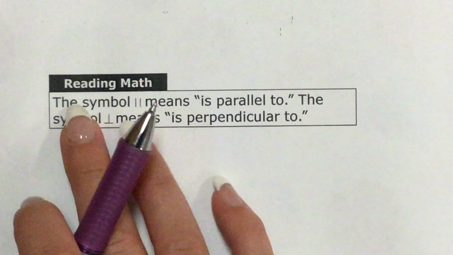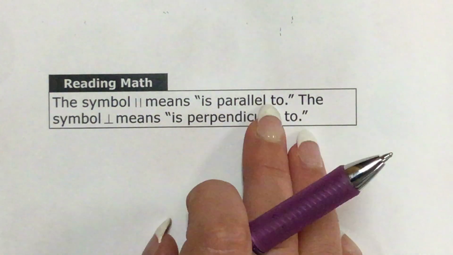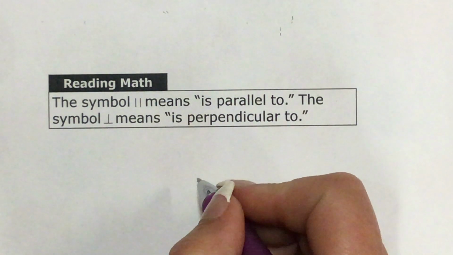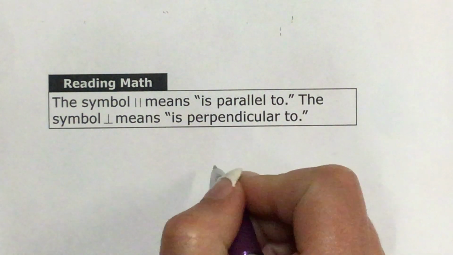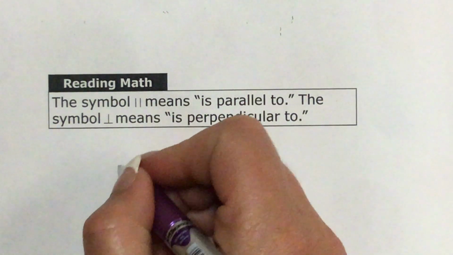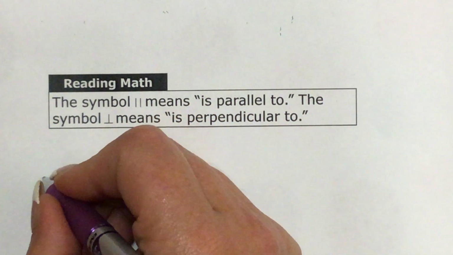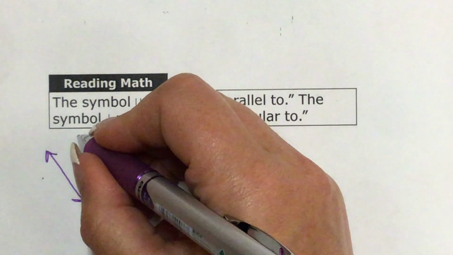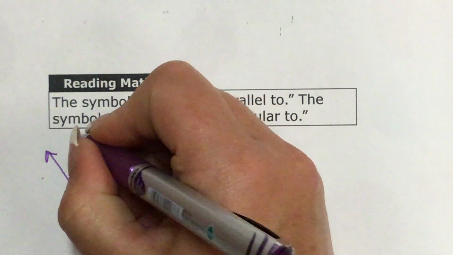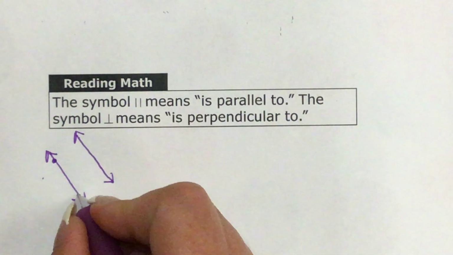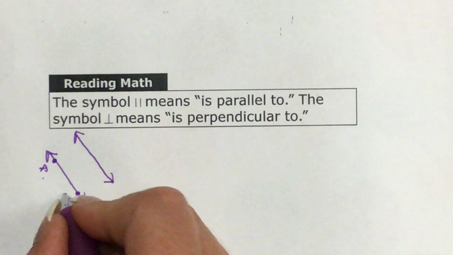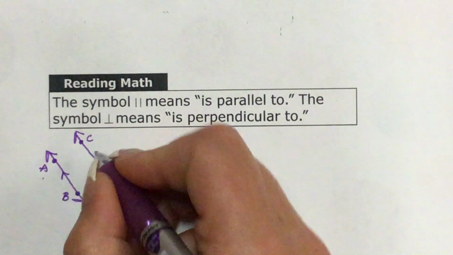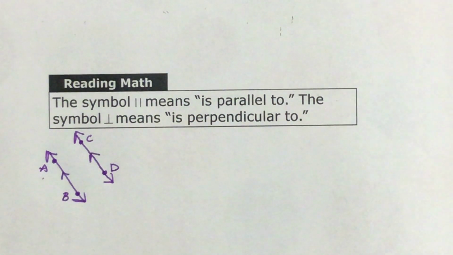Reading math, the symbol that looks like this means is parallel to. So we could have something like this. Just for example, if I had two lines, I'll have it like this, and this line here, and let's say I put some points on here, and this is A, and that's B, and this is C, and that's D, and I have a little mark showing that they're parallel.